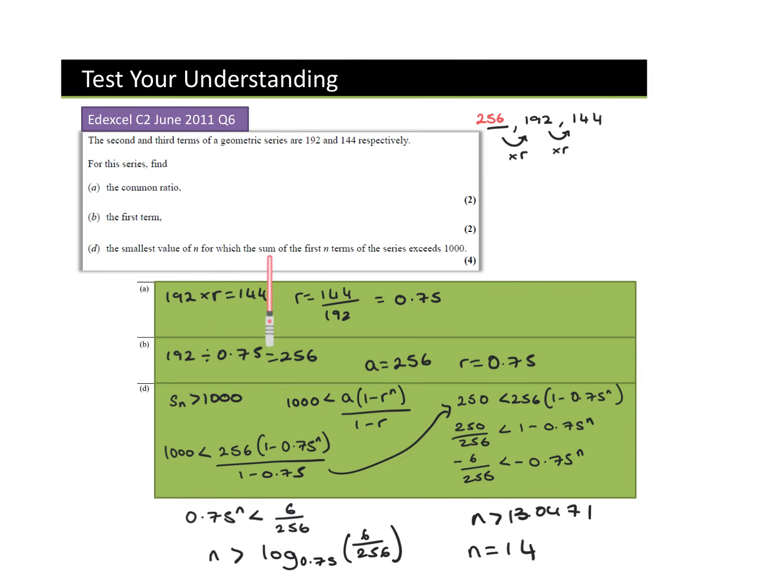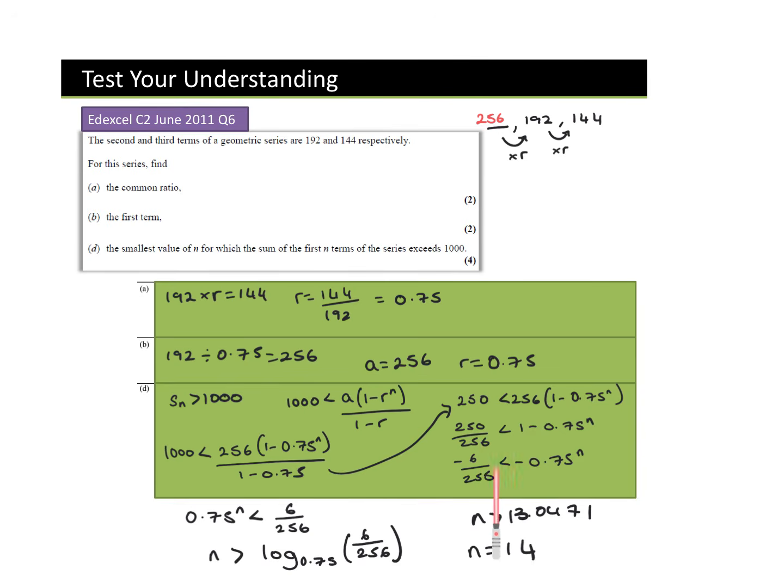Find the smallest value of n for which the sum of the first n terms exceeds 1,000. That's right. So when is this greater than 1,000? So it's greater. We multiplied by 0.25, that didn't change the sign. We then minused 1, that shouldn't change the sign.